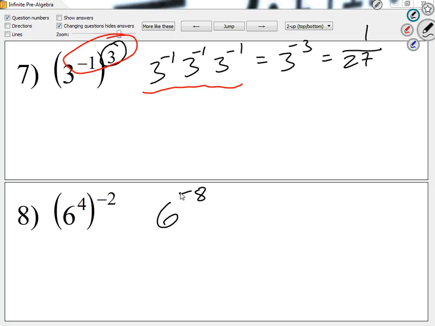If you don't have a calculator by now, I strongly encourage you guys to buy one. So it's 1,679,616. And I'm going to make it into a fraction and put a 1 on the top. I made it into a fraction because of the negative sign.